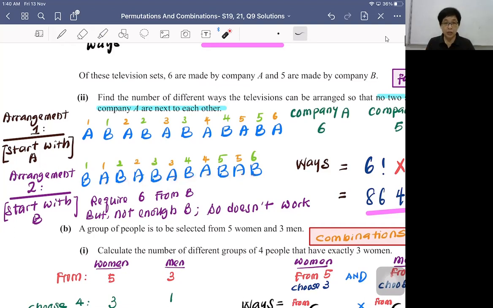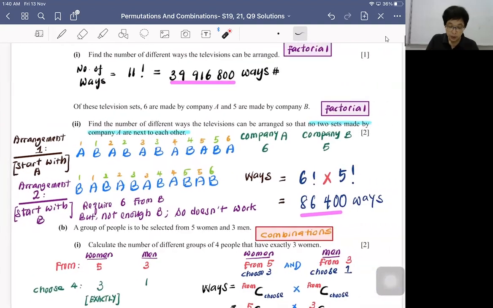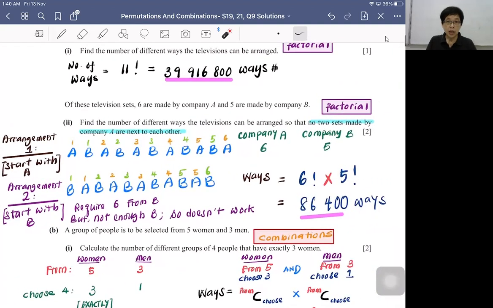Now, once you have that thought, let's go deeper to find out, does it work or not. For arrangement number 1, let's work out how many television A it will take up. You will notice 1, 2, 3, 4, 5, 6.